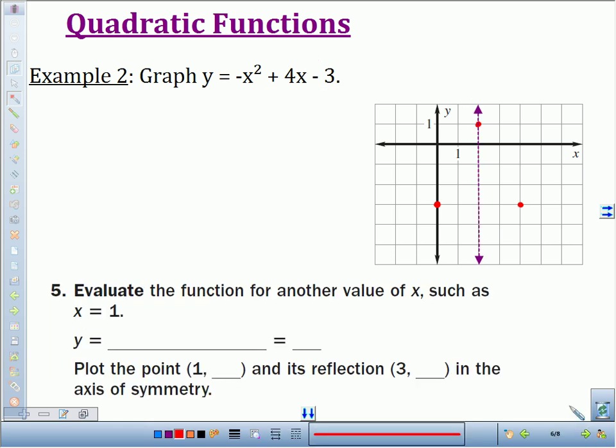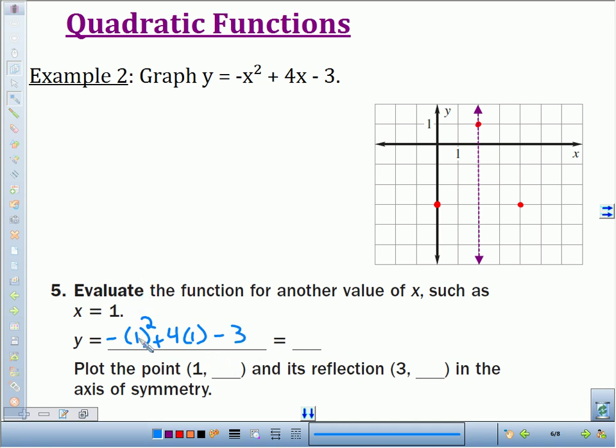All right. Next thing we want to do is evaluate the function for another value of x. So we're just going to pick a value of x, like x equals 1, and we're going to evaluate the function. That means we're going to plug in 1 for x everywhere we see it. So I'm going to have negative (1), again in parentheses, plus 4 times (1) in parentheses, minus 3.